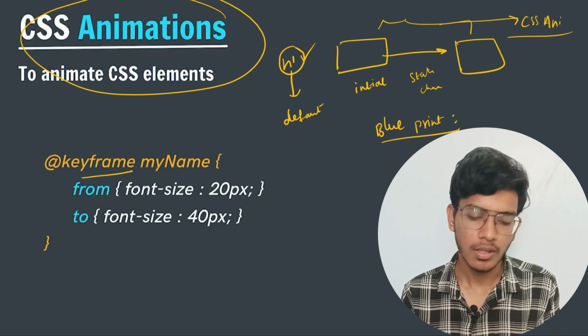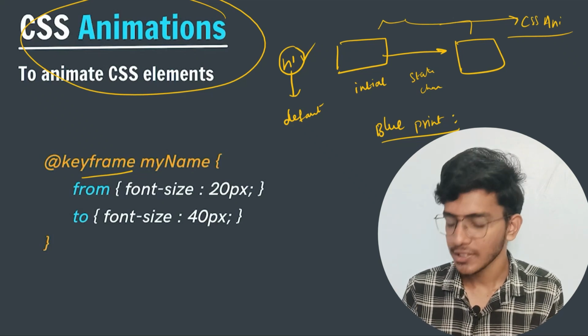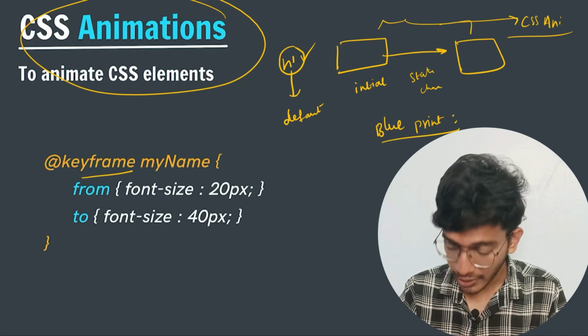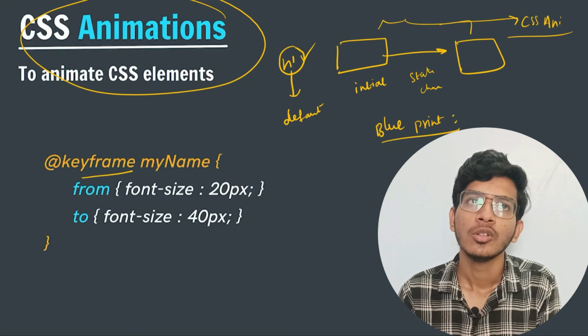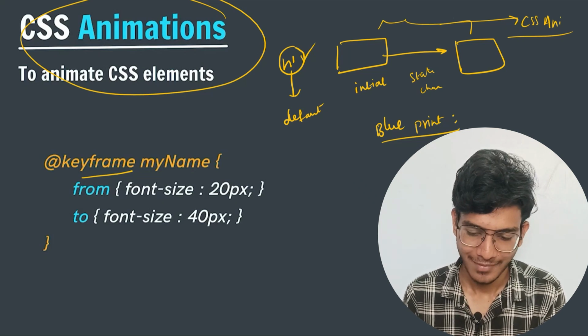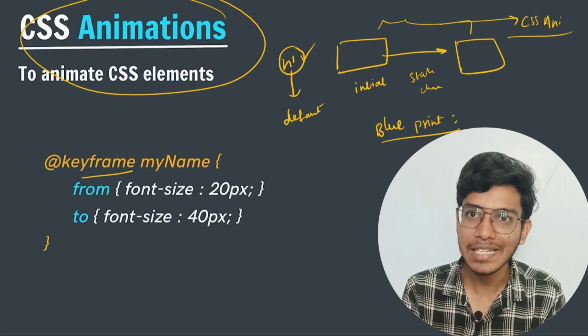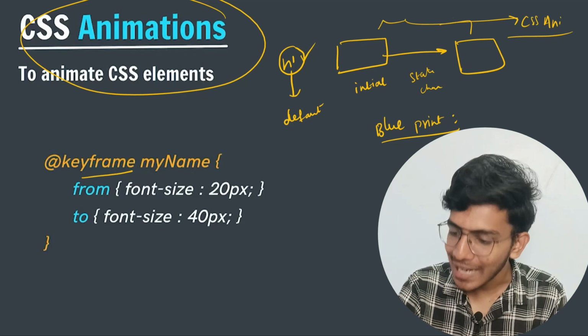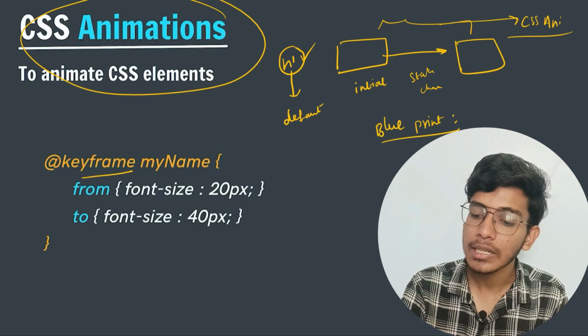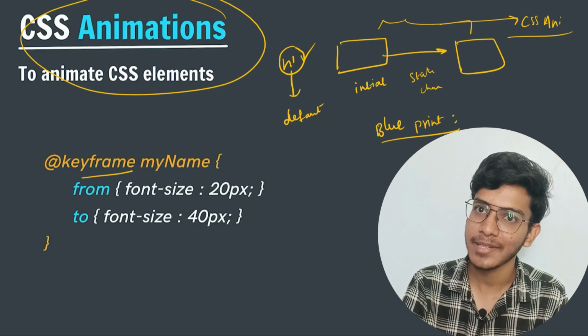Now, what is a blueprint? What is a CSS animation blueprint, to be specific? To build a house, architects first of all create the blueprint of the house. Similarly, to create an animation, first of all we will create the blueprint of the animation.